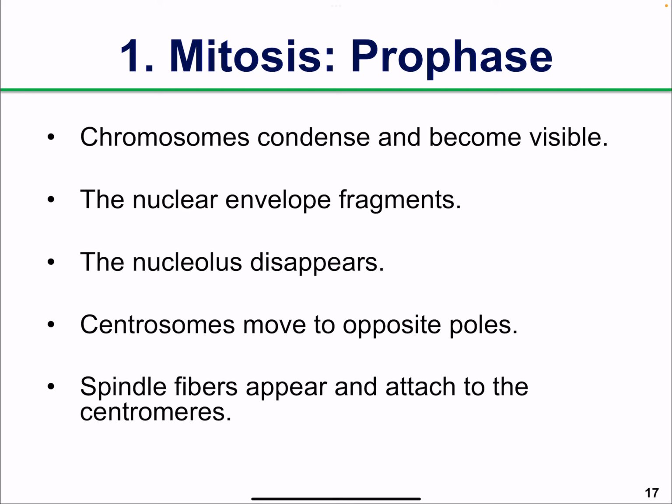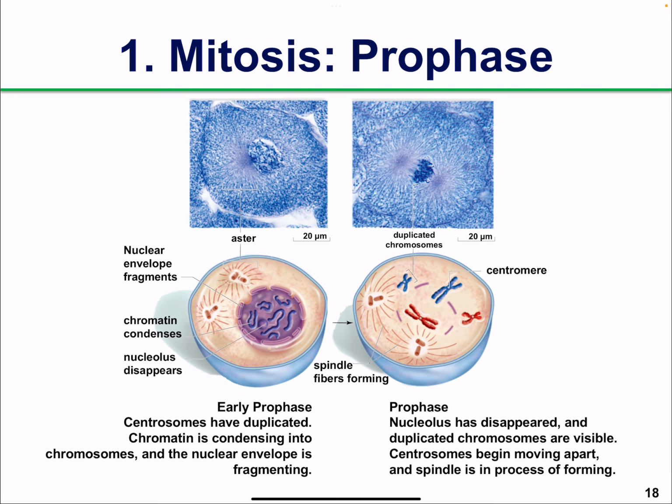The centrosomes move toward opposite ways, and the spindle fibers appear and attach to centromeres, which is going to allow the distribution of sister chromatids toward opposite direction. So here we are in prophase, as you can see. So the chromosomes are visible, right, under a microscope.